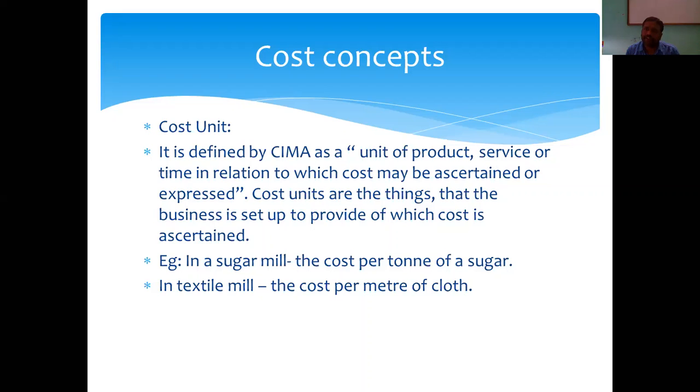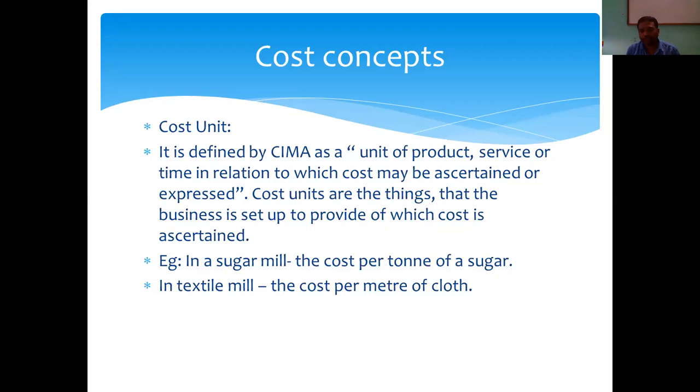If you go to a kirana shop, you ask for 5 kgs of sugar, 5 kgs of rice. If you went to a cloth store, you ask for 3 meters of cloth. The unit of measure should be according to their production.